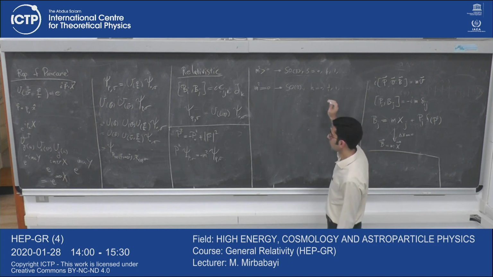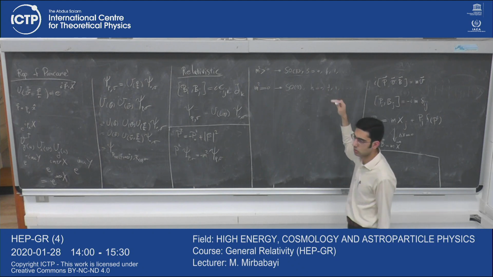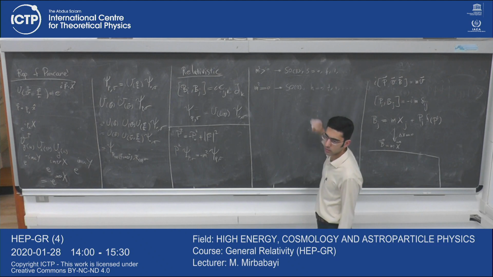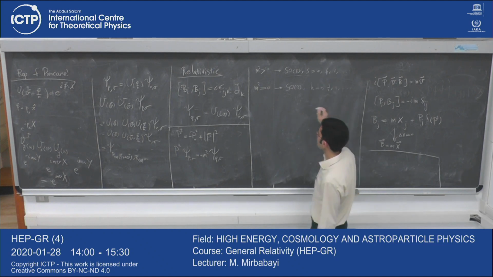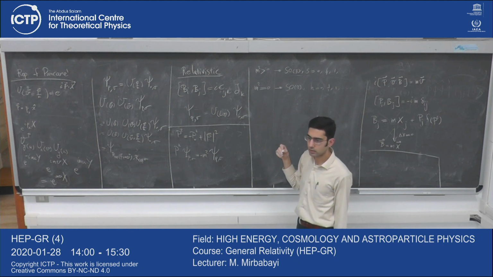And what we do to construct a quantum theory for these degrees of freedom, so what is our goal? We want to identify what are the irreducible representations, which we call particles. Then we introduce creation and annihilation operators for these particles.